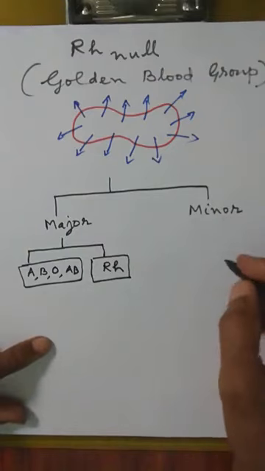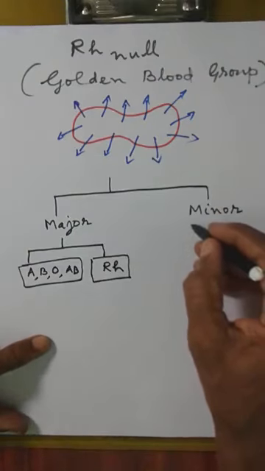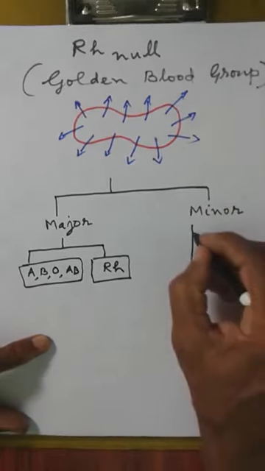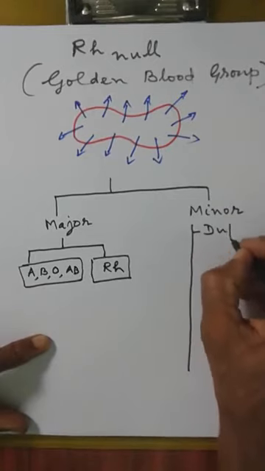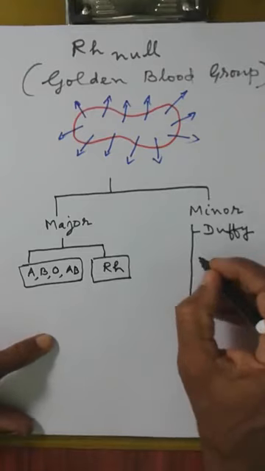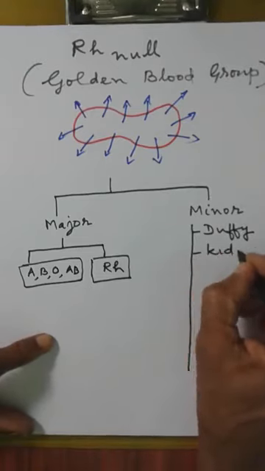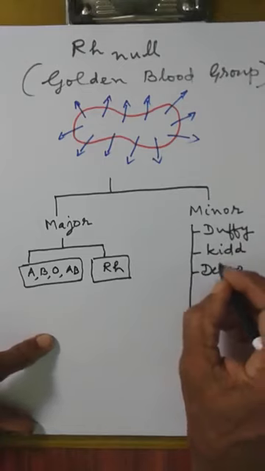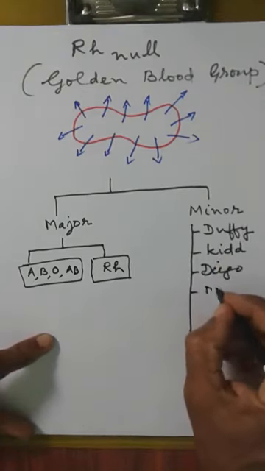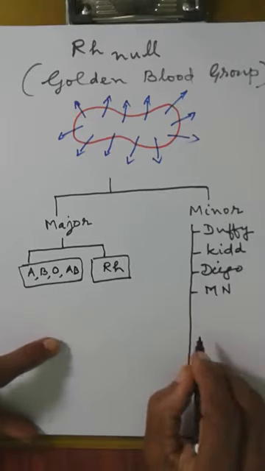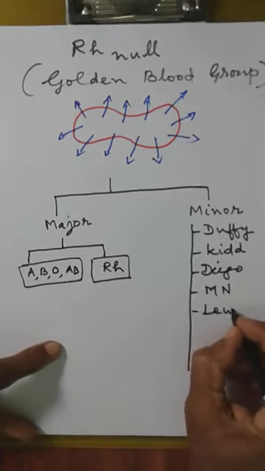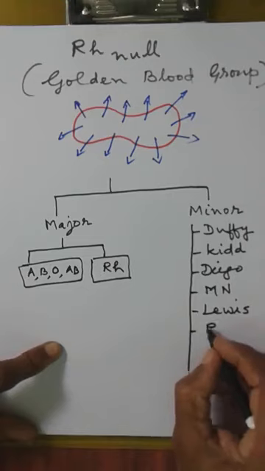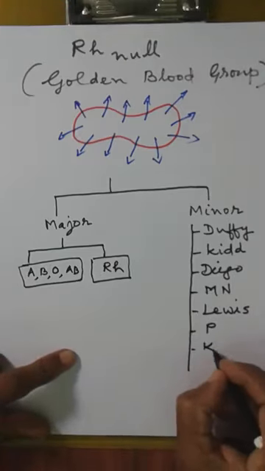And in the minor groups, there are many, like Duffy system, Kidd group, Diego group, MN group, Lewis, then P group, then Kell group.